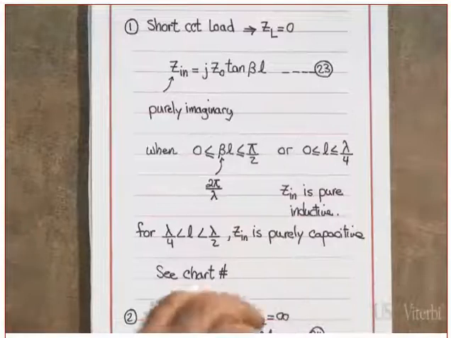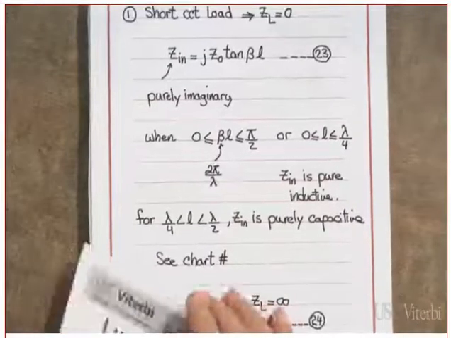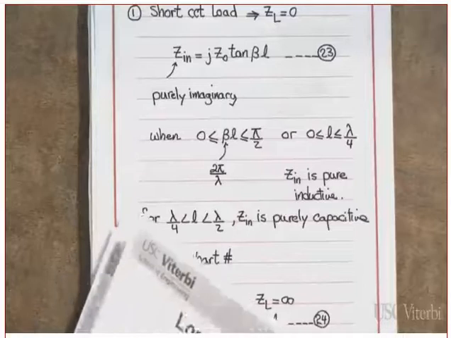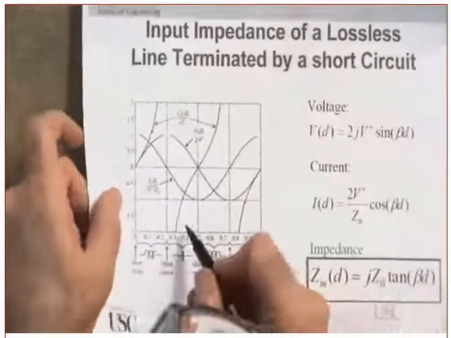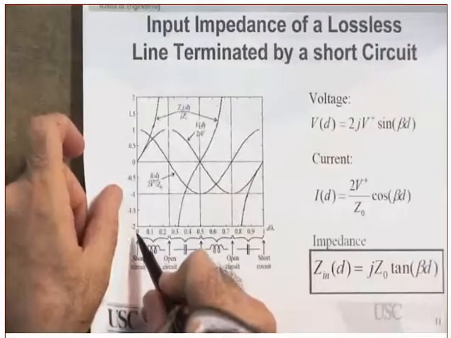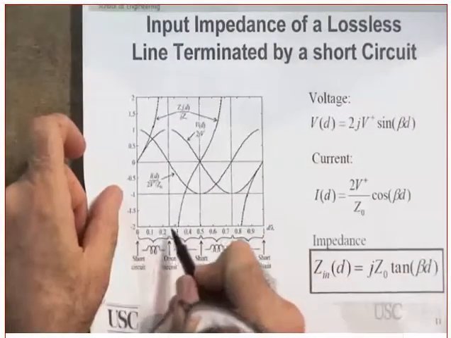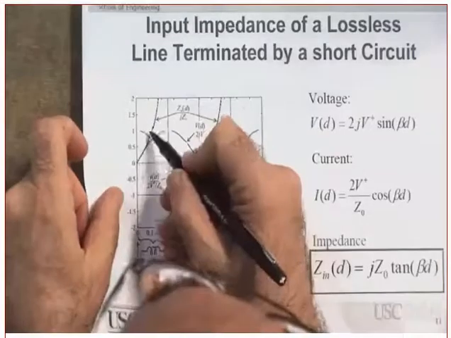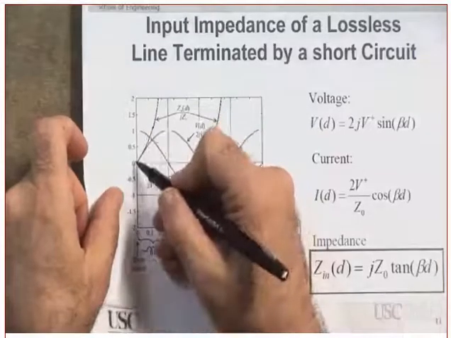So if you look at the diagram, very quickly, I will show you. Okay. If the beta L is between, if the length is between 0 and a quarter of a wavelength, it is behaving as a what? Inductor.